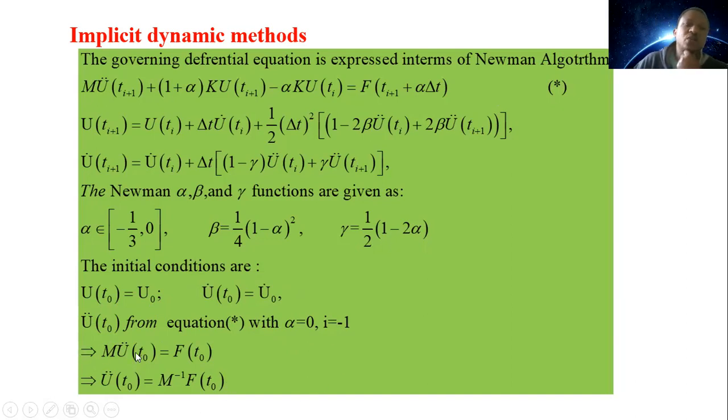For that, we obtain m u dot dot of t naught is equal to f of t naught. This implies that u dot dot of t naught is equal to m inverse of f of t naught. So this is the algorithm that the computer graphic system or GUI uses to interact with the implicit dynamic modeling procedure.